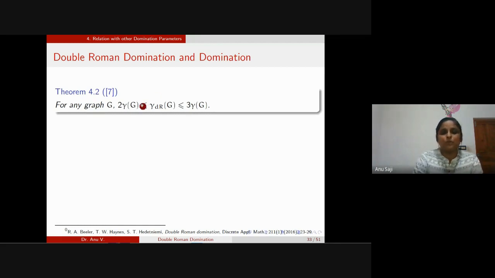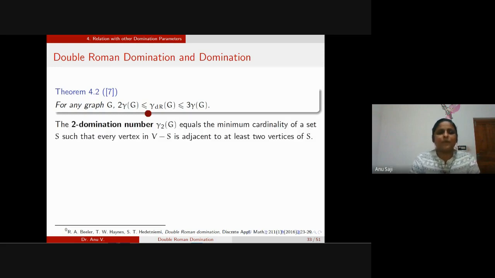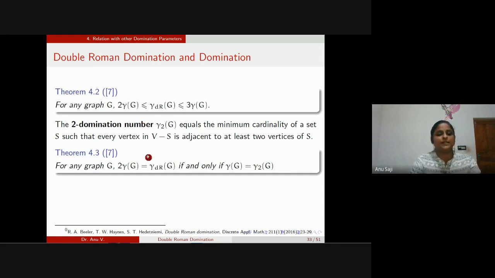But the lower bound, to prove the lower bound, it is a little bit difficult. Now, the graphs which attain the lower bound, we can give a characterization in terms of the 2-domination number, γ_2(G). γ_2(G) means the minimum cardinality of a set S such that every vertex in V minus S is adjacent to at least two vertices in S. In terms of γ_2(G), we can give the following characterization.